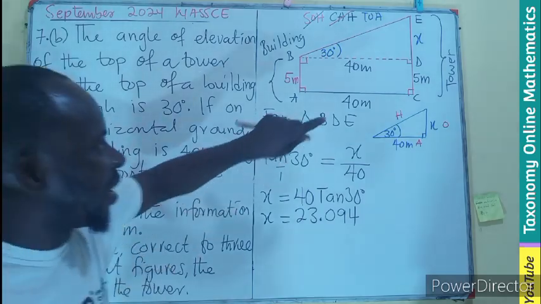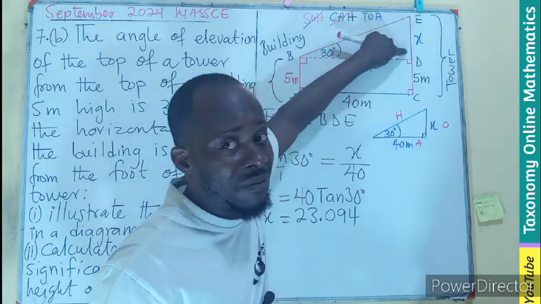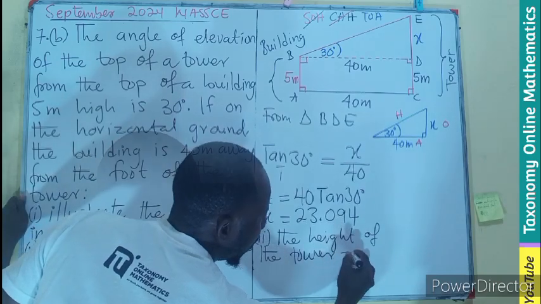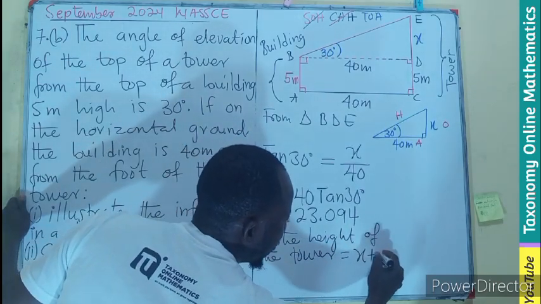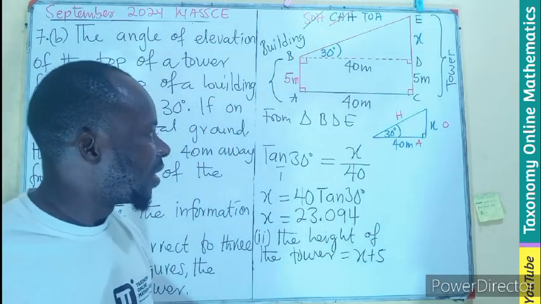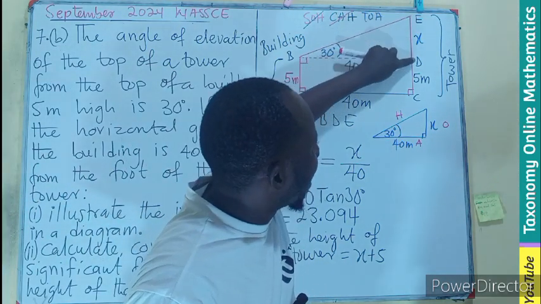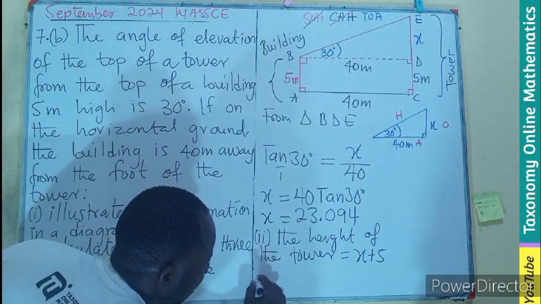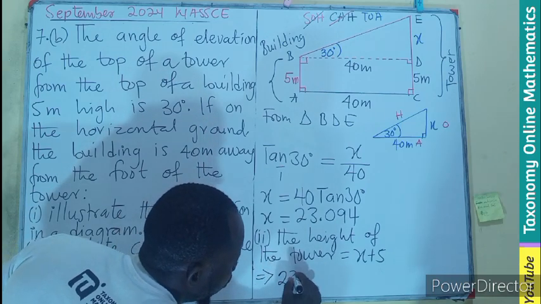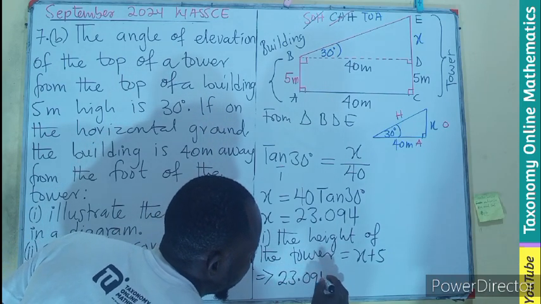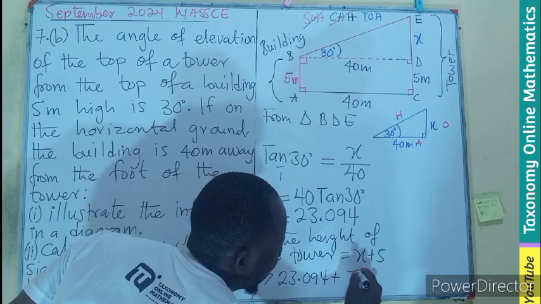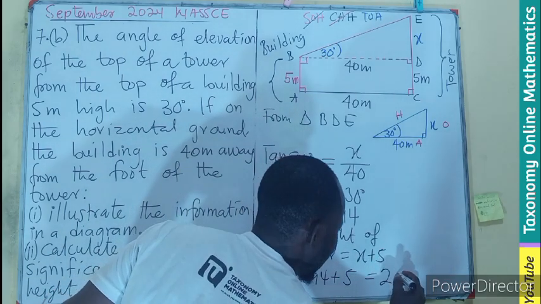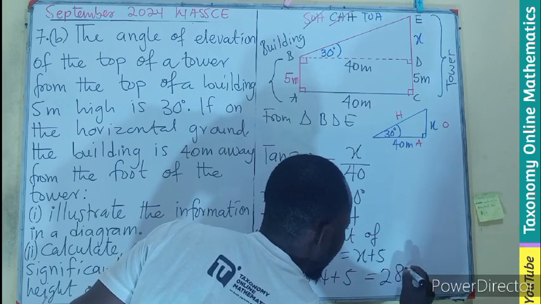So I have the very size that I'm looking for. So I'll only say that it's going to be X plus 5 in meters, right? The X plus 5, that's 5 plus X. And our X is known to be 23.094 plus our 5, that will be giving us 28.